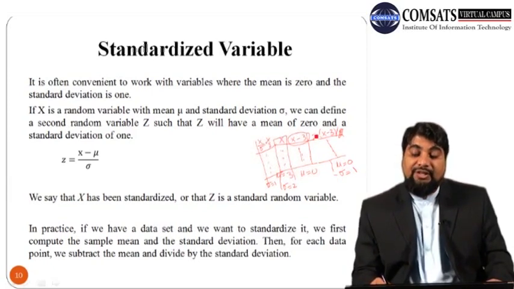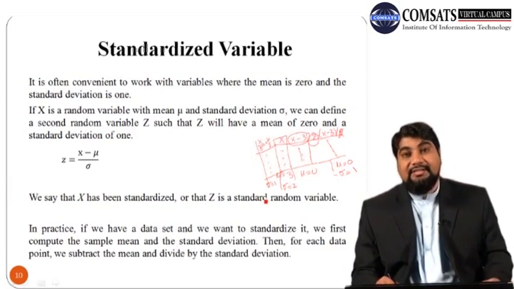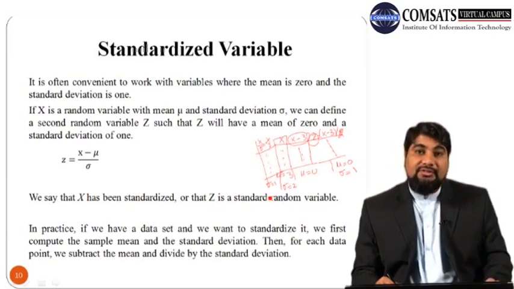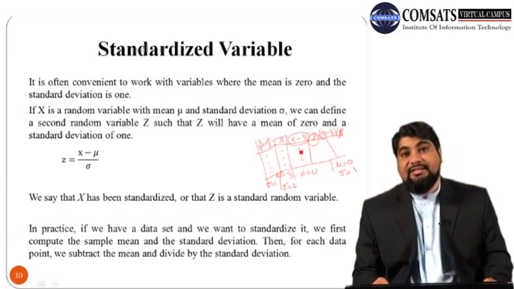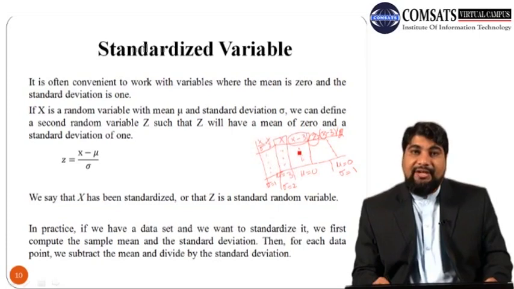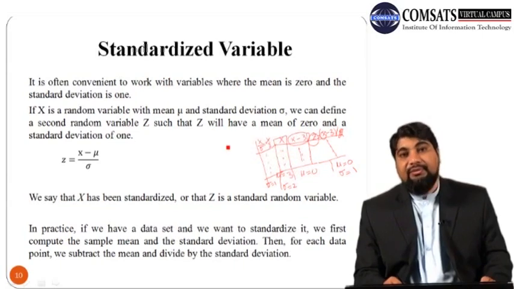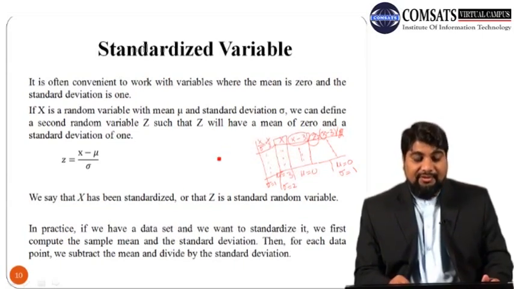So this new variable z is called a standard random variable, or we can also say that this x has been standardized. For a standard variable, the mean is 0 and the standard deviation is 1. This is one very important point to note. In real life data, most of the time we are interested in working with variables which are standardized in nature.